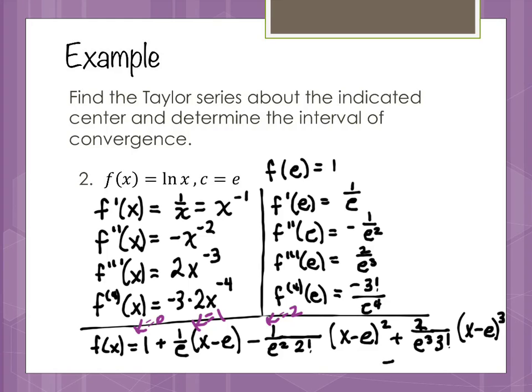The next one is a subtraction. It's 3 factorial on top, e to the 4th. That is not readable, I'm so sorry. And then 4 factorial in the denominator times x minus e to the 4th. It's not complete. Obviously, it's an infinite series.